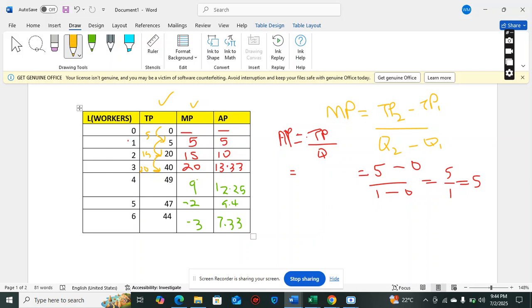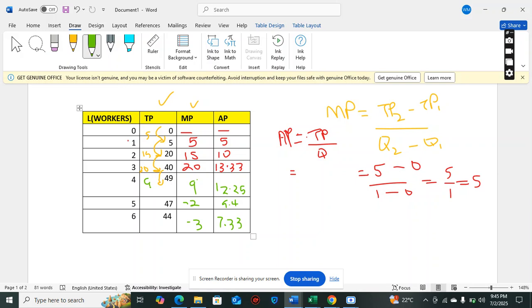Now, when marginal product starts to reduce, this is where the law of diminishing marginal returns starts. The law of diminishing marginal returns will start where marginal product starts to reduce. Total product will increase at a decreasing rate. You see, from 40 to 49, the increment is just by 9. Earlier on our increments were by 15 and 20.